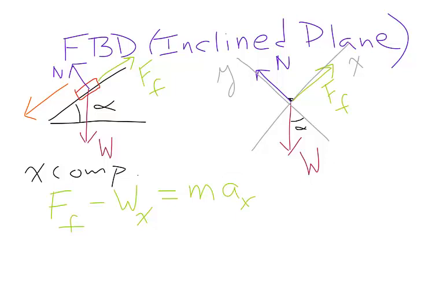Notice that there's the minus sign here. The minus sign is because this is the direction of W sub x, right? That's the x component of W. It's pointing in the negative x direction.